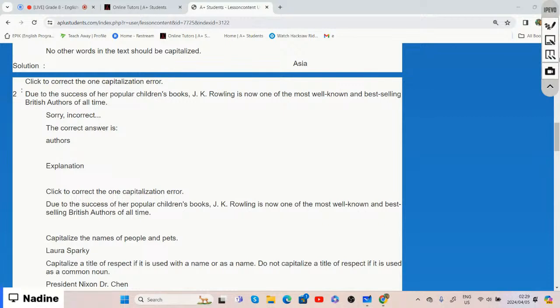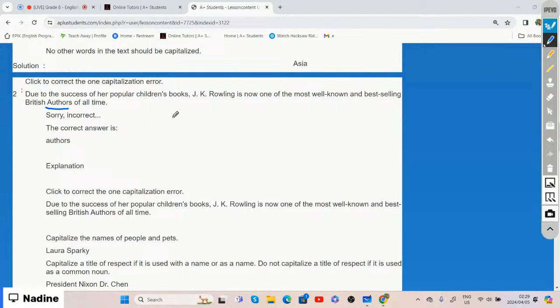All right. If we are going to identify the word that needs to be corrected, it's going to be authors, right? Because authors we actually write with a small letter.